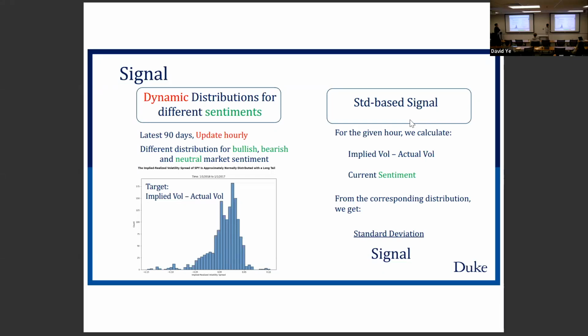Namely, we update hourly to append the new data and deprecate the old data to construct the historical difference distribution. For a given time, the input will be the current difference and the current sentiment, and with the corresponding distribution, our signal is the standard deviation for that single data point.